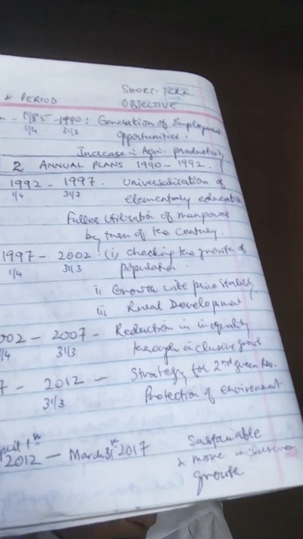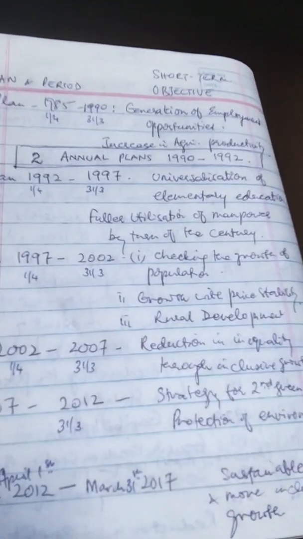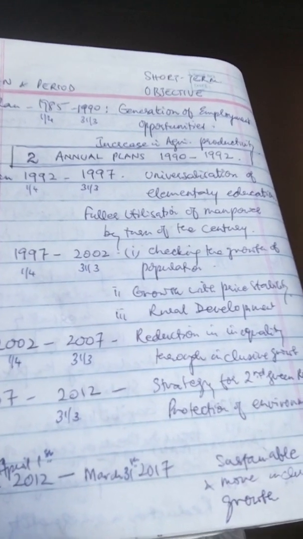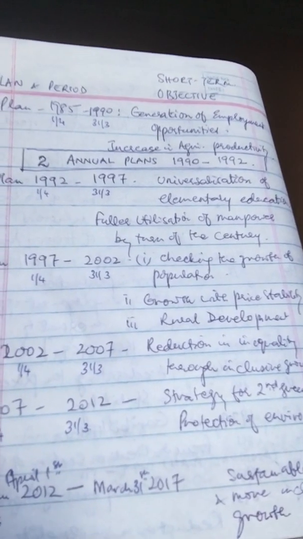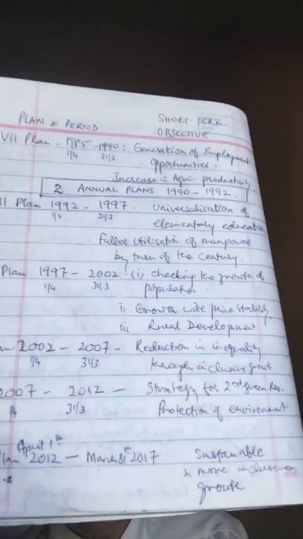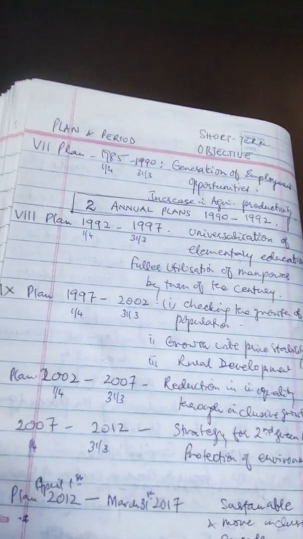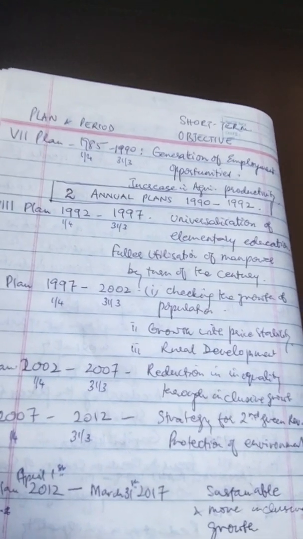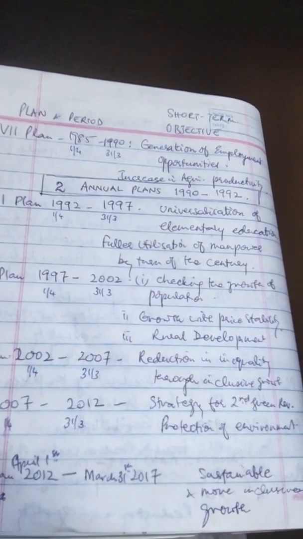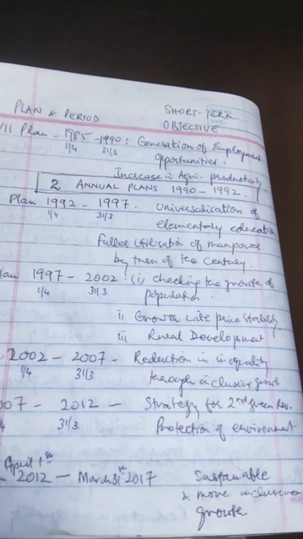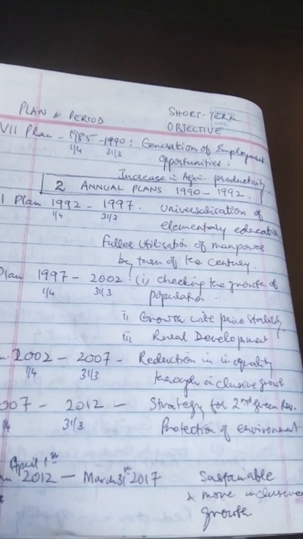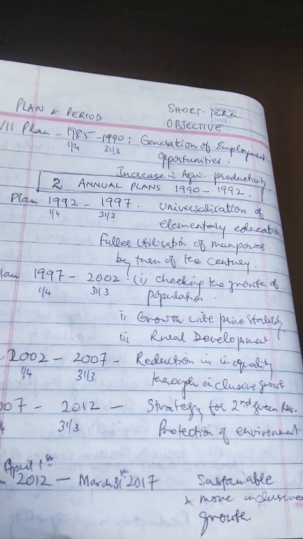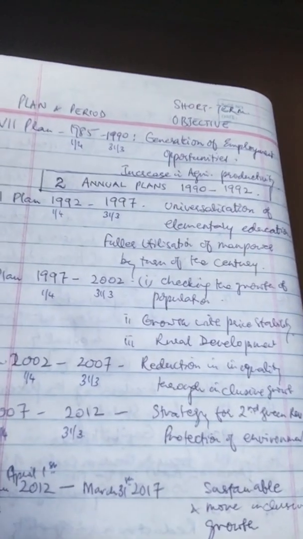Then we come to the eighth plan, which was universalization of elementary education specifically. And the ninth plan was rural development and checking the growth of population. They started taking care of overpopulation, because whatever little progress was being made could not be really shown because of the rising population explosion.